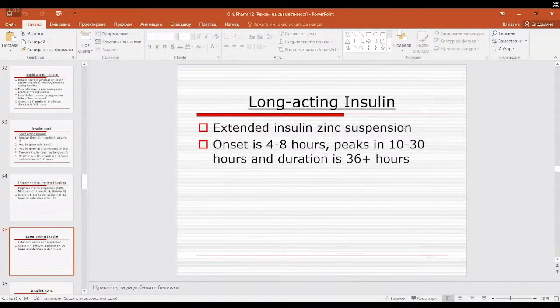And then we have the long-acting insulins like insulin glargine and insulin detemir, which do not have a peak in their action. So the risk of hypoglycemia is low. And the idea behind using long-acting insulins is to keep blood glucose levels steady during the night. Let's say there are no peaks and no troughs, so the blood glucose levels are not going up and down.